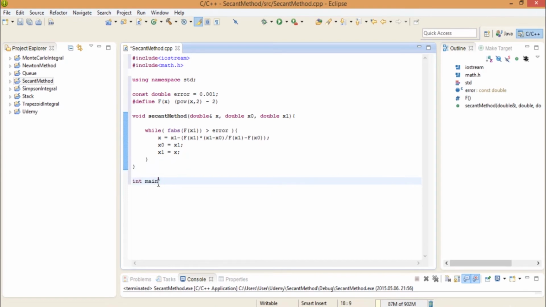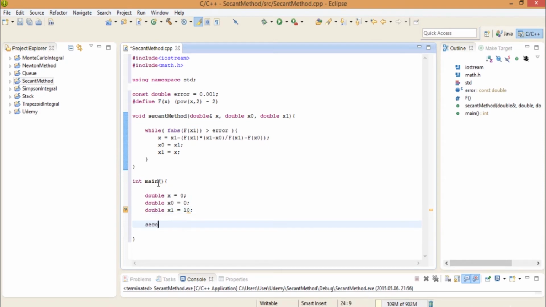We will have an int main, and we will have a double x is equal to 0, double x0 is equal to 0, and double x1 is equal to 10, for example.